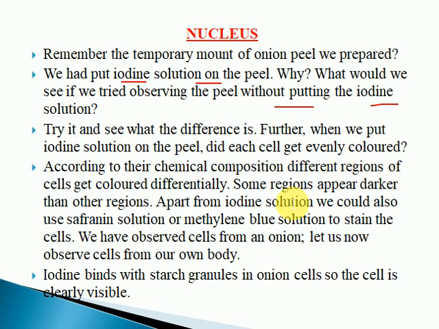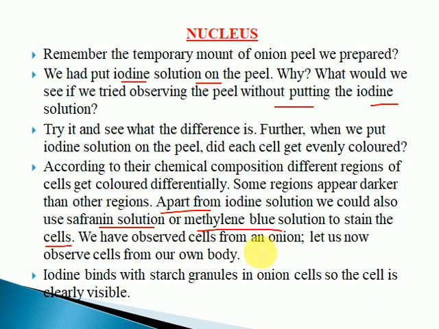It is because the different components of the cell pick up the stain differently. Okay, so apart from iodine solution, safranin solution or methylene blue solution can also be used to stain the cell.